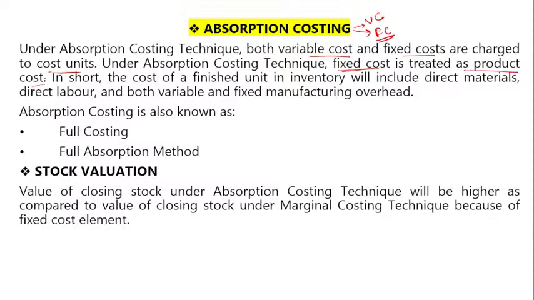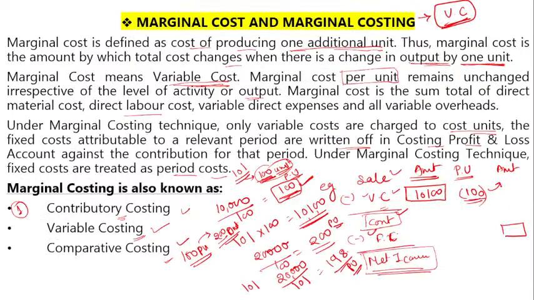In short, the cost of a finished unit in the inventory will include direct material, direct labor, and both variable and fixed manufacturing overheads. In absorption costing, they give more emphasis to all variable overheads, which are the direct material, direct labor, and variable direct expenses.